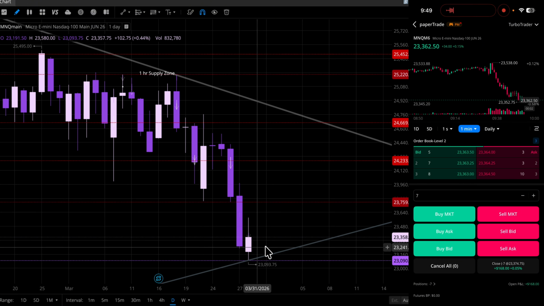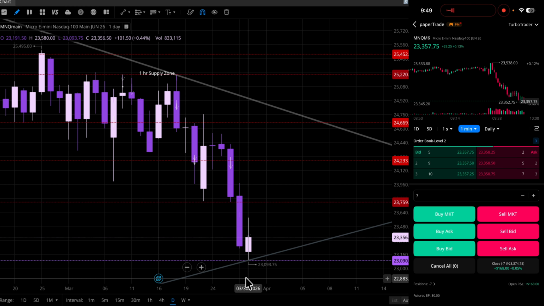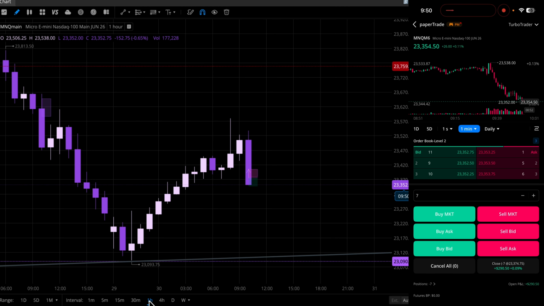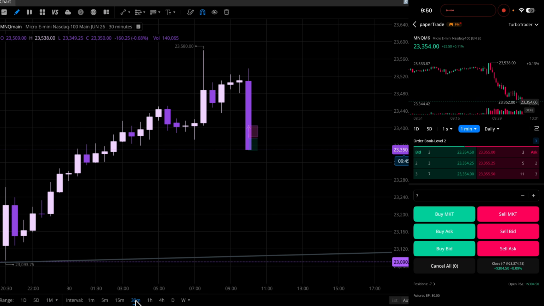The 4 hour is bearish, but the daily is still. I could just let it run, because where is it? Okay, there's a zone right here.